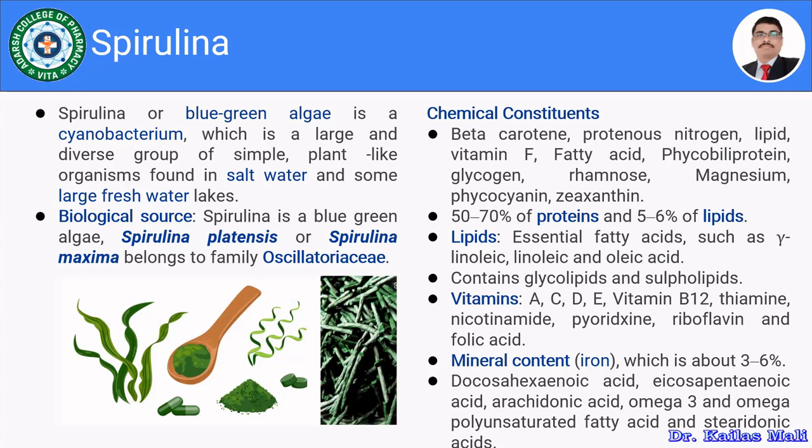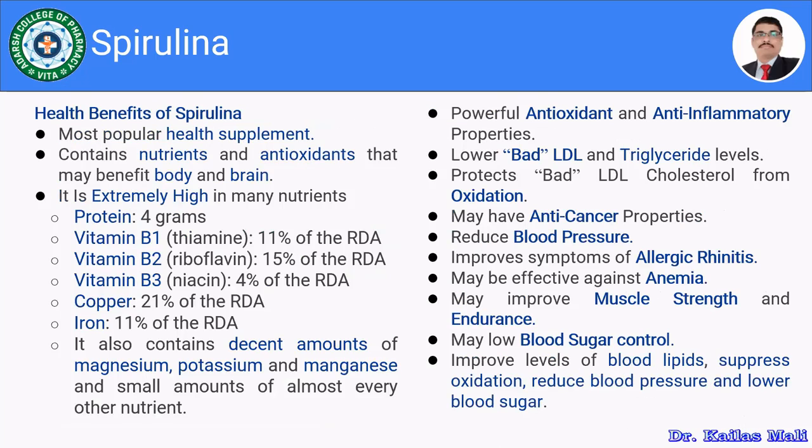Let us move towards the health benefits of spirulina. As we know, there are many vitamins and minerals like iron and magnesium present in spirulina, along with nitrogenous compounds, so it has certain health benefits on the body.